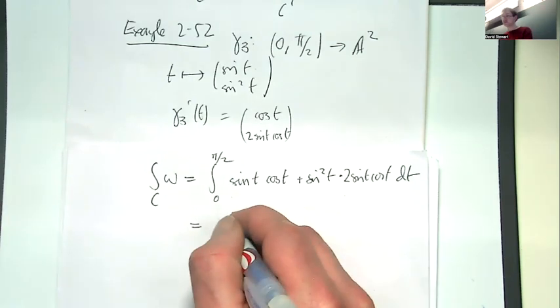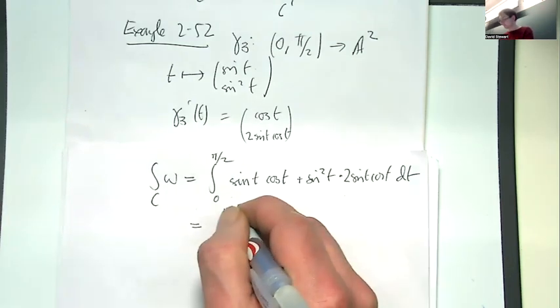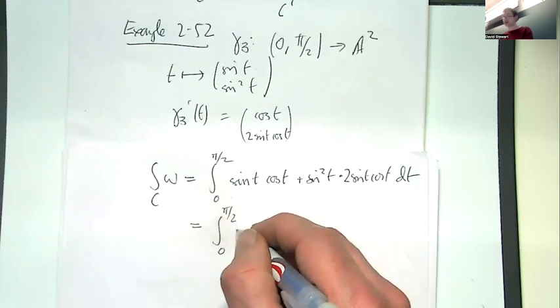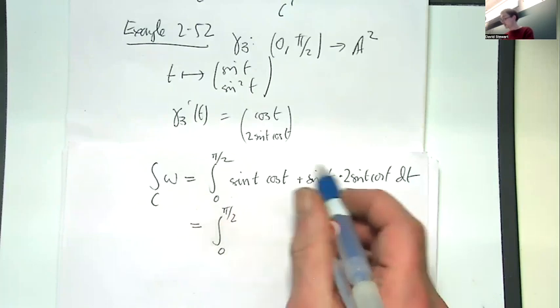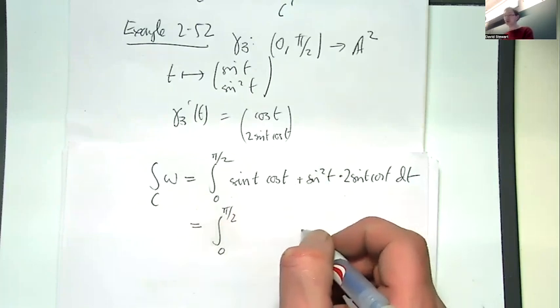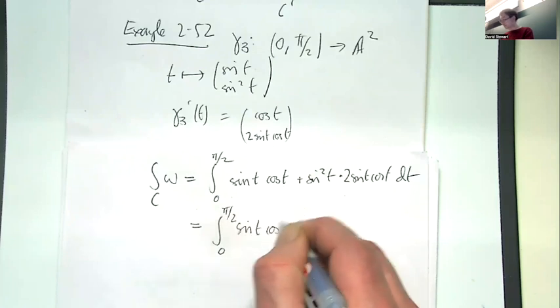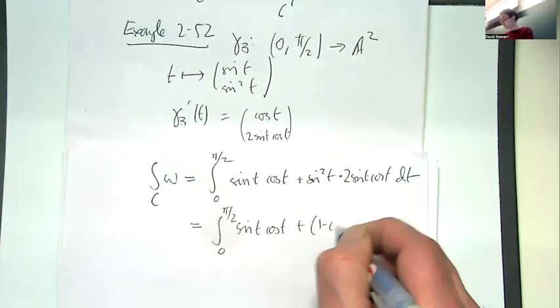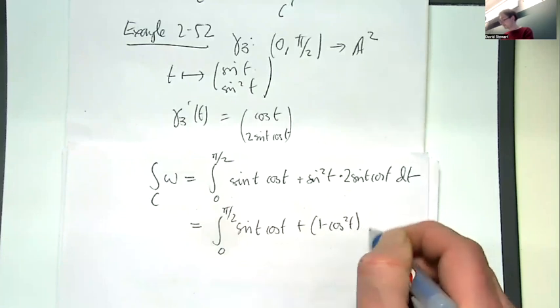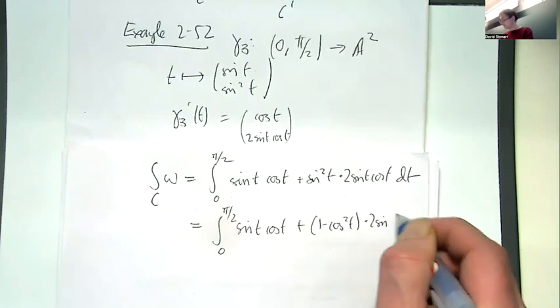So we're going to do the following: we keep the sine t cos t, and we replace this with 1 minus cos squared t, and 2 sine t cos t.